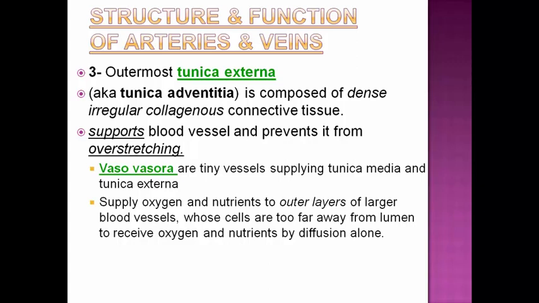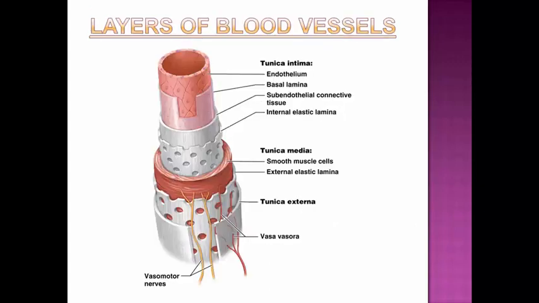Especially in these huge blood vessels, the cells in the outer layers are too far away from the lumen to get the oxygen and nutrients, or to let waste products diffuse back into the blood. So having the vasa vasorum allows it to maintain a healthy and very nourished set of tissues in both the middle and the external layer.